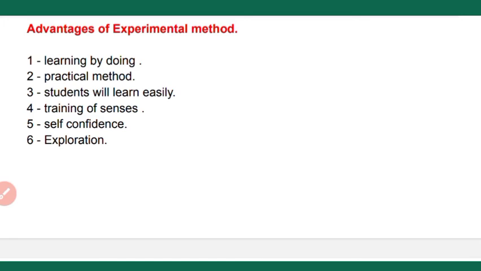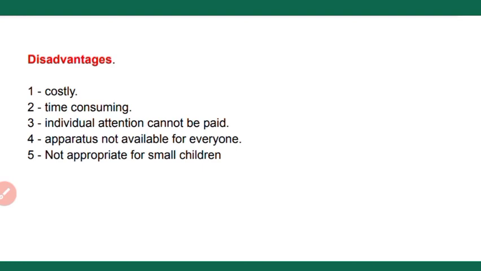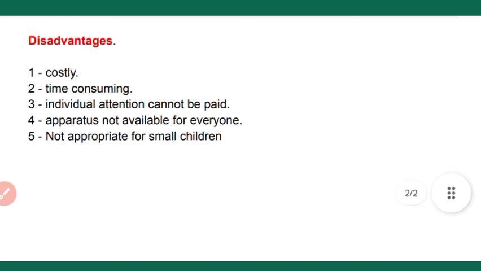Now let's see some disadvantages of this experimental method. So first is it's costly because a teacher has to arrange for many things. Although in a laboratory everything is there, it's costly for schools also.